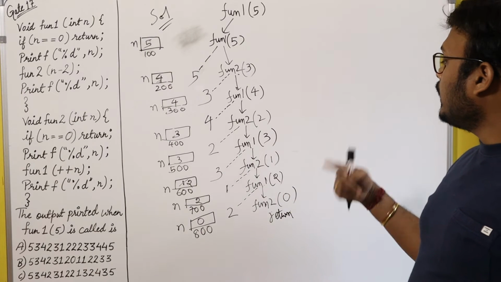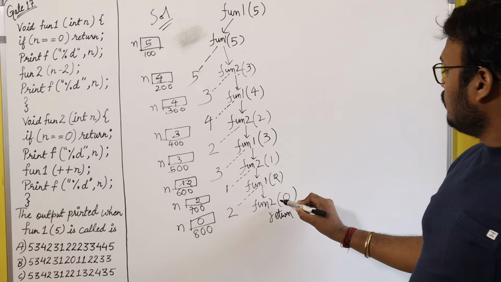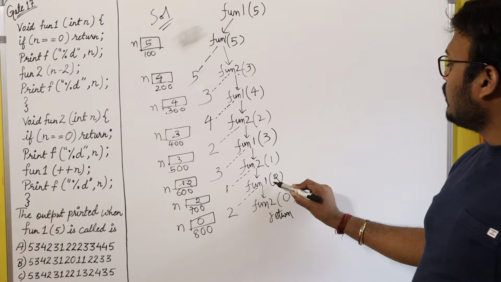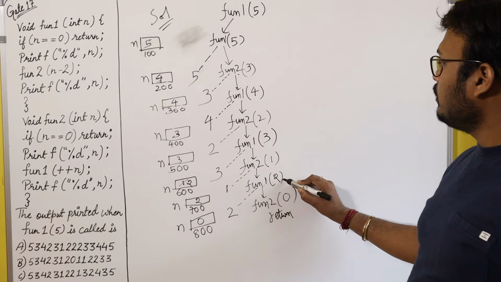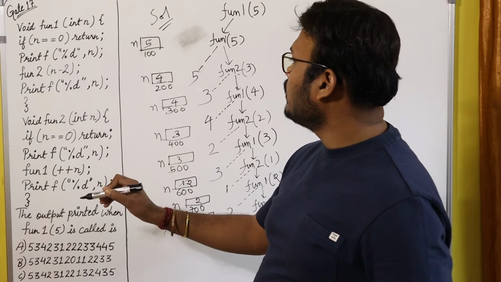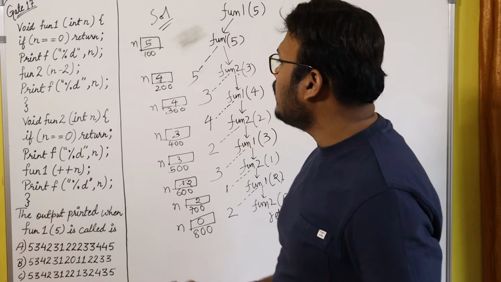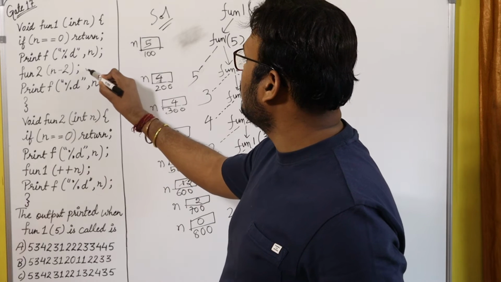So fun2 will return to fun1 because fun1 was calling fun2. Fine. So it has returned to fun1. So in the fun1 part you can see that we executed till this line.